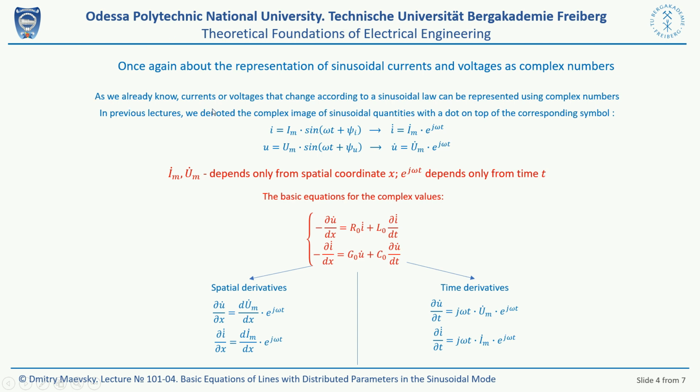The instantaneous value of sinusoidal current can be represented by a complex of instantaneous current value. You can see the corresponding formula here. Please note that we denote all complex quantities with a dot above the corresponding letter.